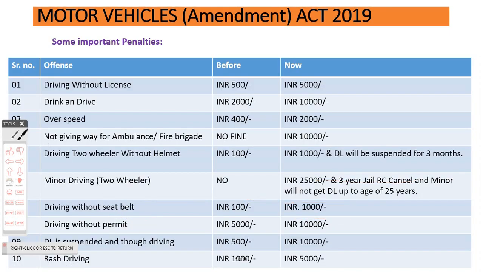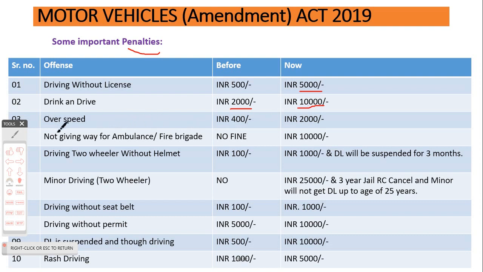Now next are some important penalties under the Motor Vehicle Amendment Act 2019. Offences earlier and now. Driving without license: earlier it was 500 rupees, but now it is increased to 5000 rupees. Drink and drive: earlier it was 2000 rupees, but now it is 10,000 rupees.